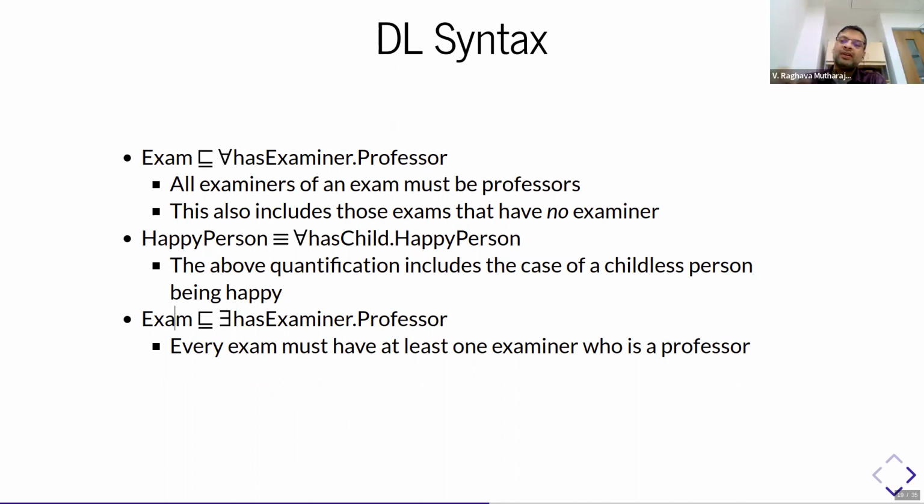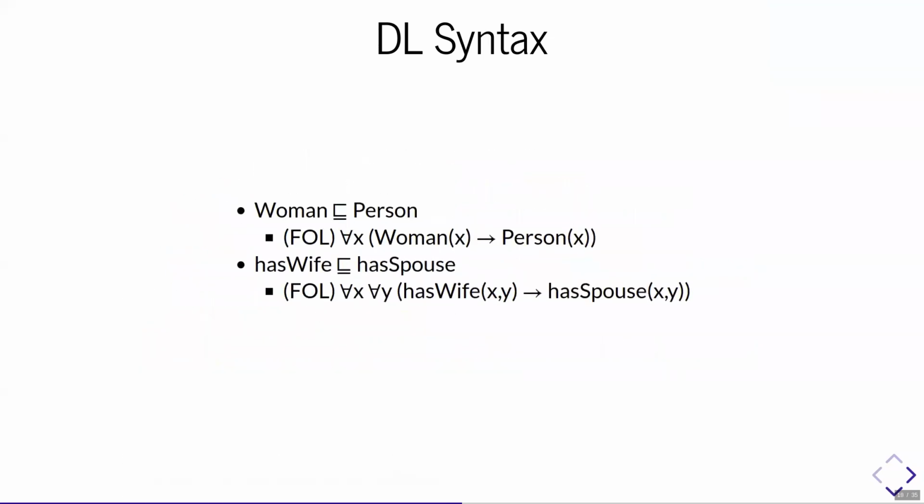Okay, so it's a sort of combination. I don't have a tablet with me, so we'll have to do it step by step, right? The subset, or the subconcept or subclass symbol, is translated to the implication.